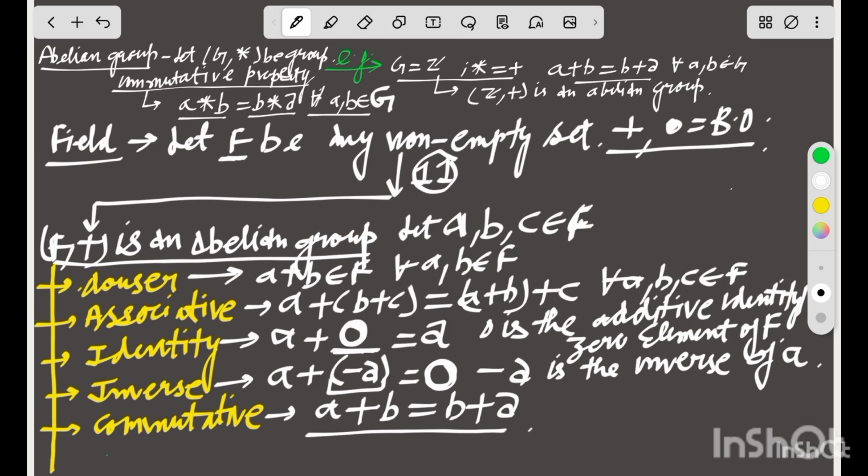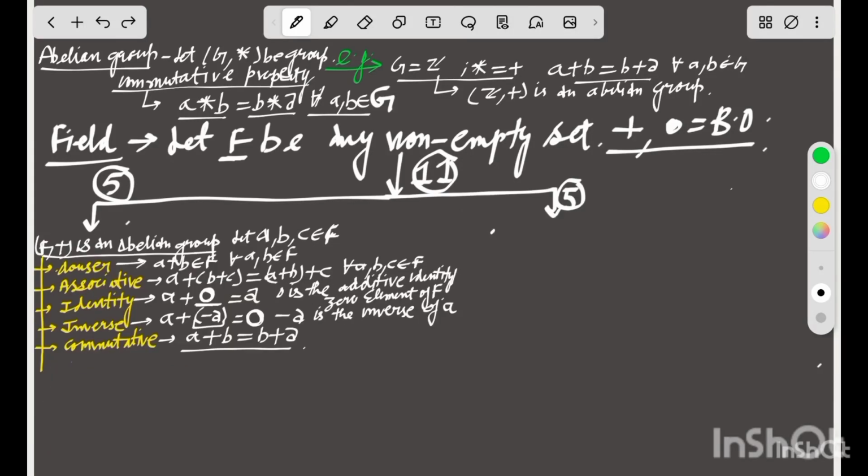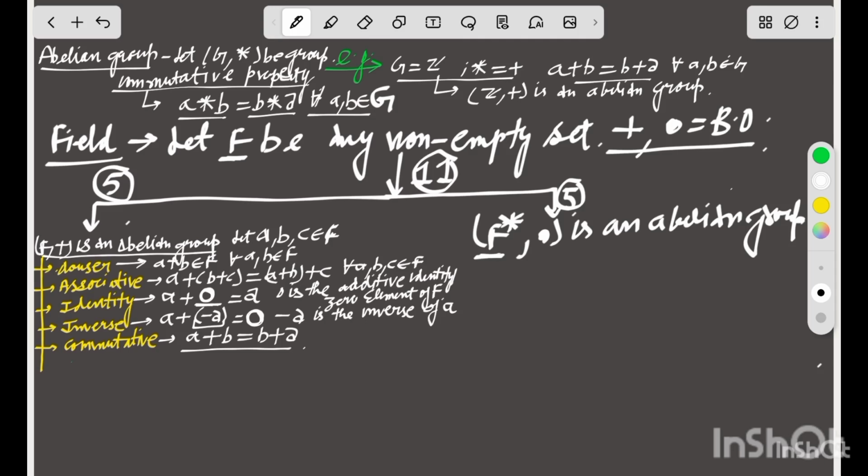So if a set F satisfies all these 5 properties with respect to the addition operation, we call it an abelian group. So our 5 properties are satisfied. Now we understand the next 6 properties. The next 5 properties are that F star, with respect to the second operation, is an abelian group. What is F star?